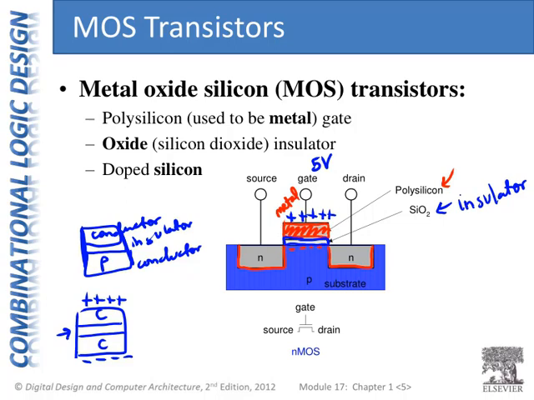And so we notice that, hey, we just said that in this N-type silicon, there are a bunch of free negative charges. Now we have negative charges here in this, what's called the channel, and a bunch of negative charges here. So now we have this connection through the channel from the source to the drain.